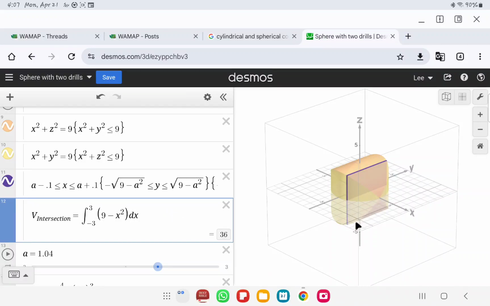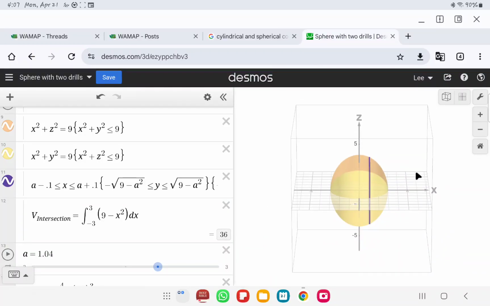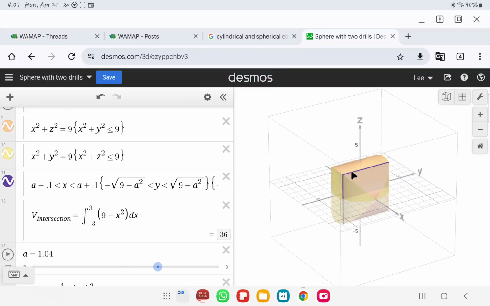And then we're going from negative 3 to 3 in the x direction. So both of these pieces, right, both the y and the z, because the cylinders match up, we are going to get those squares, and we can just add that across the x direction from negative 3 to 3, just that 9 minus x squared dx.